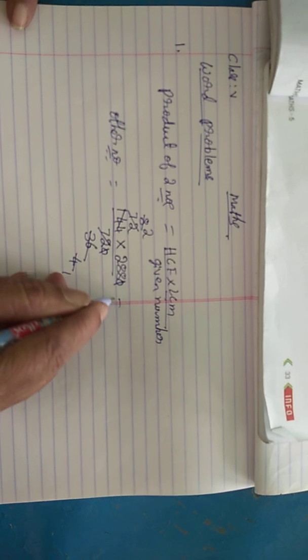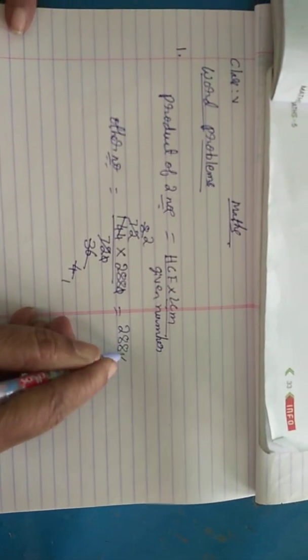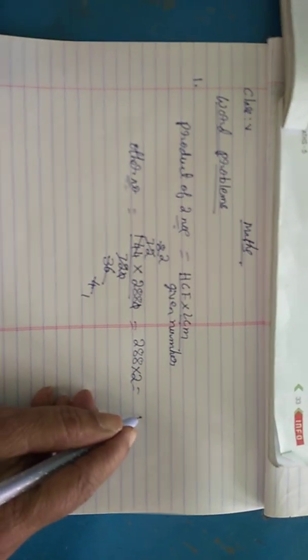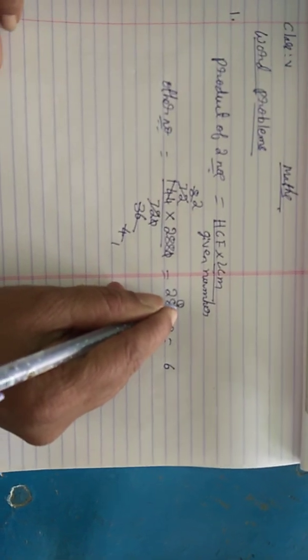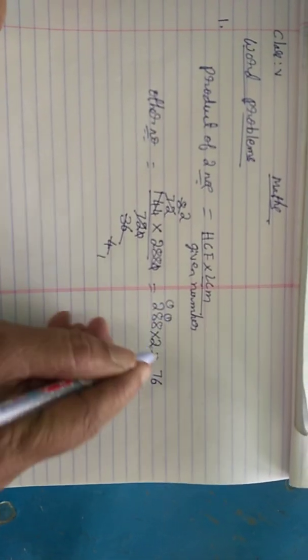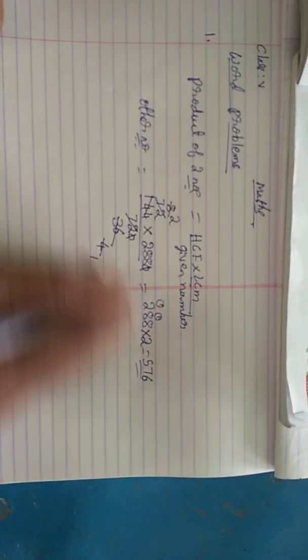Remaining what children? Remaining is 288 into 2. So how much? 2 8s are 16, 1 carry. 2 8s are 16 plus 1 is 17. Carry 1. 2 2s are 4. Carry 1 is 5.